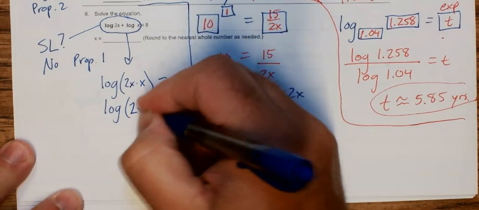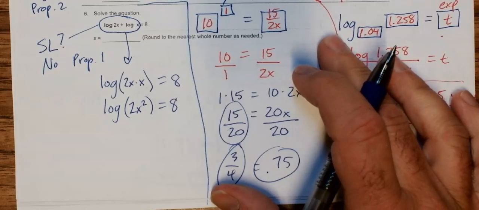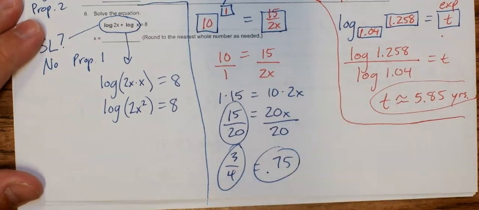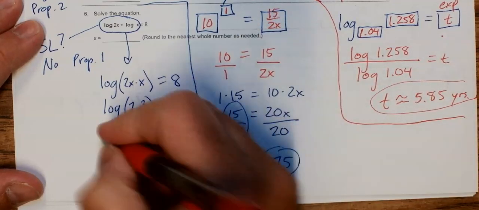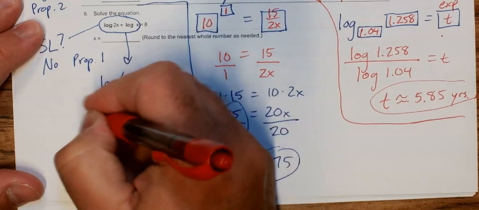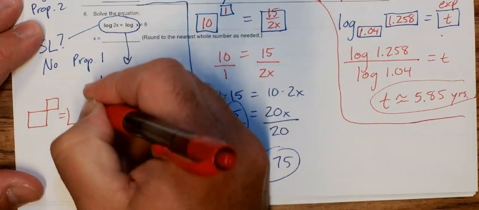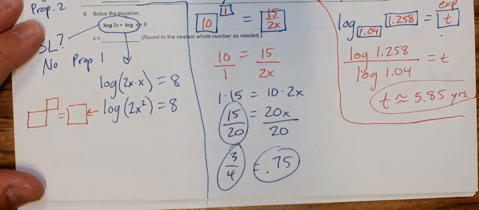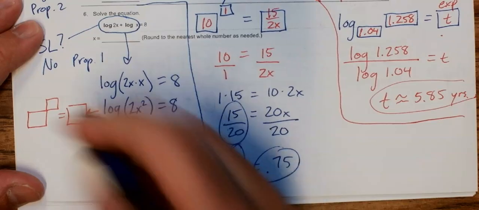Okay, I'll do it. 2x squared. Since we've got it as a single log, just like the last question, we have to change it to its exponential form. What is the exponential form for this? What's the base? 10.